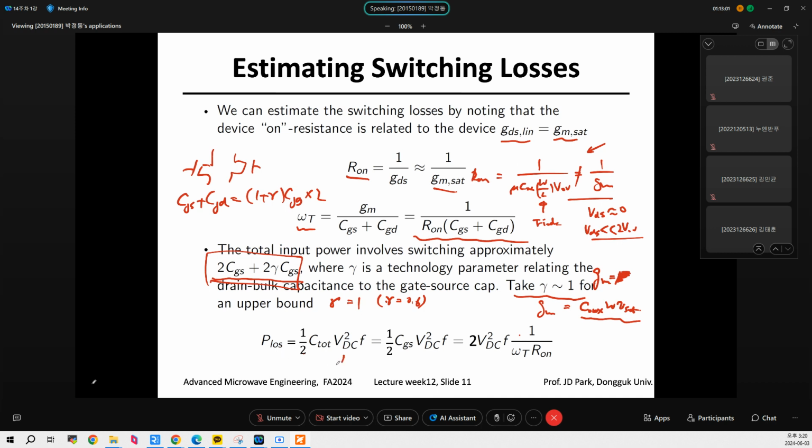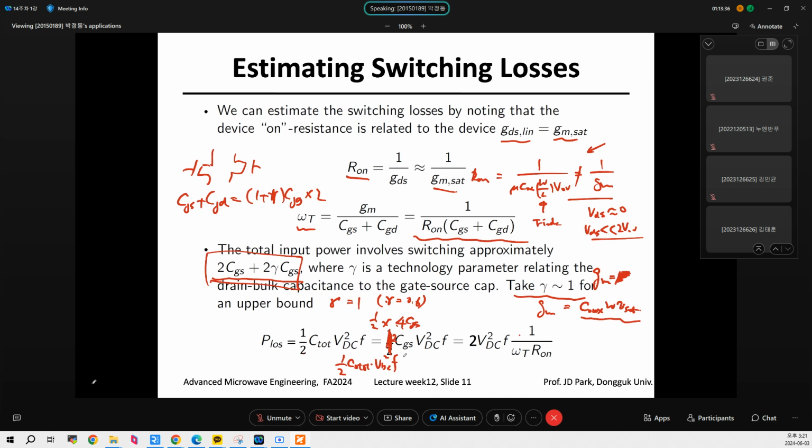P loss is half of C total VDC scale F. So CGS is 1, and this is 4 CGS multiplied by 2. So this is 2 CGS VDC scale F.